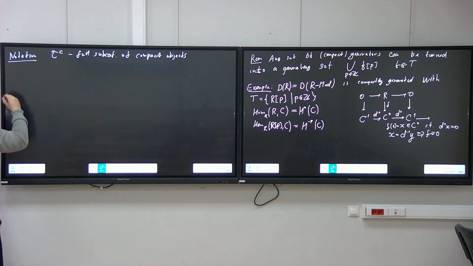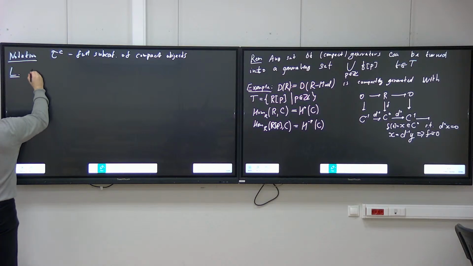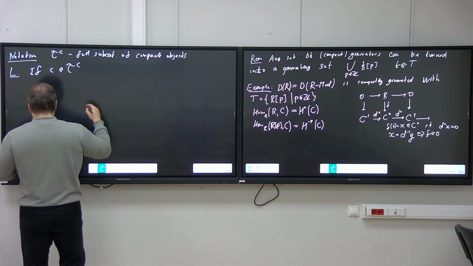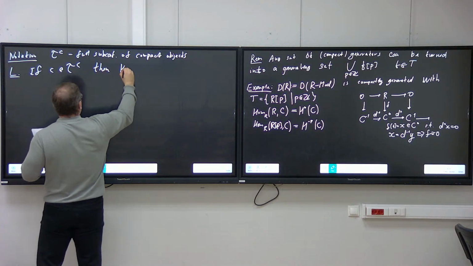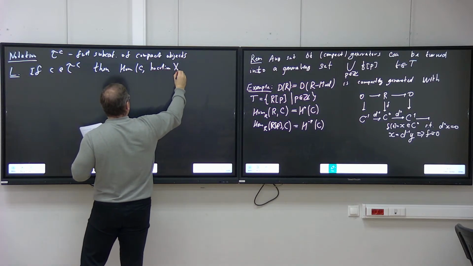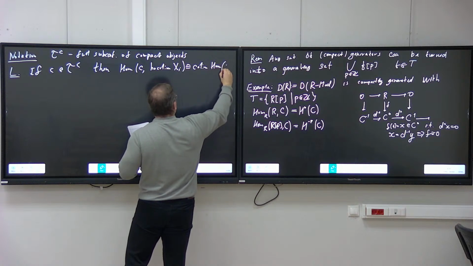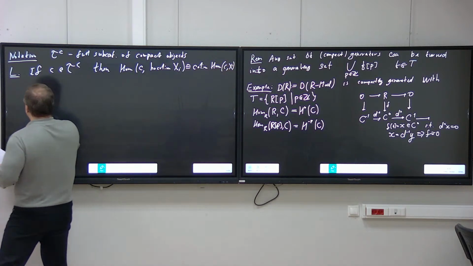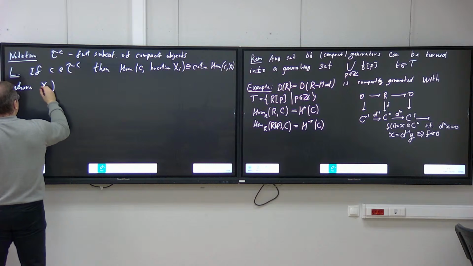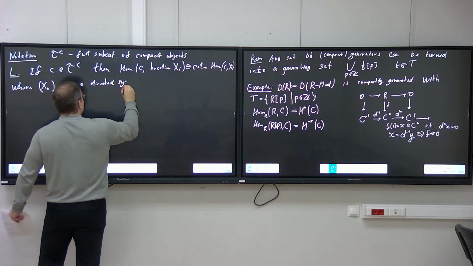Okay, so then there is a lemma: if you take an object C which is a compact object in the triangulated category, then the Hom from this compact object to the homotopy limit of some diagram is isomorphic to the limit of the Homs. Here X_n is a directed system.